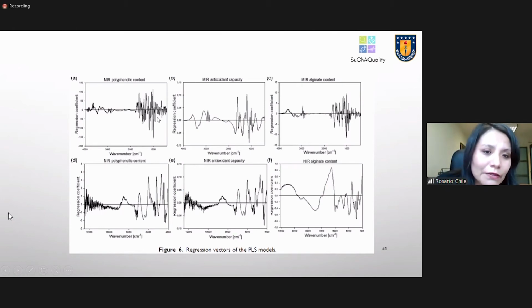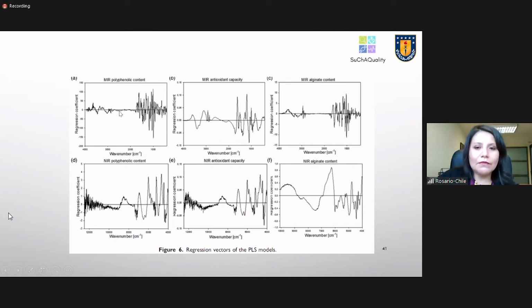For example, here, this has a little of noise. Maybe the model could be imperfect, but it's okay. I can see here, because we use second derivative, that carbohydrate bands are very important for this quantification too, and another bands. No? Here also, in antioxidant capacity, alginate contents, I can define or I can identify the bands most important.